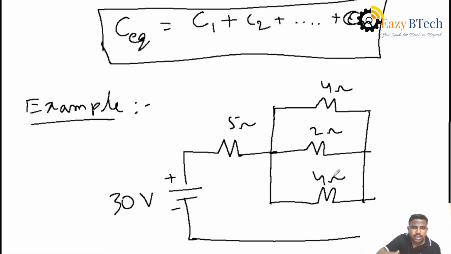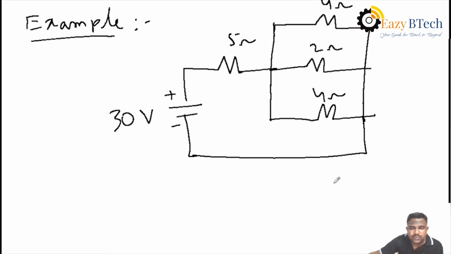So this circuit is a combination of series and parallel, with elements 5, 4, 2, 4. Then we have to understand which elements are connected in series and which are connected in parallel.